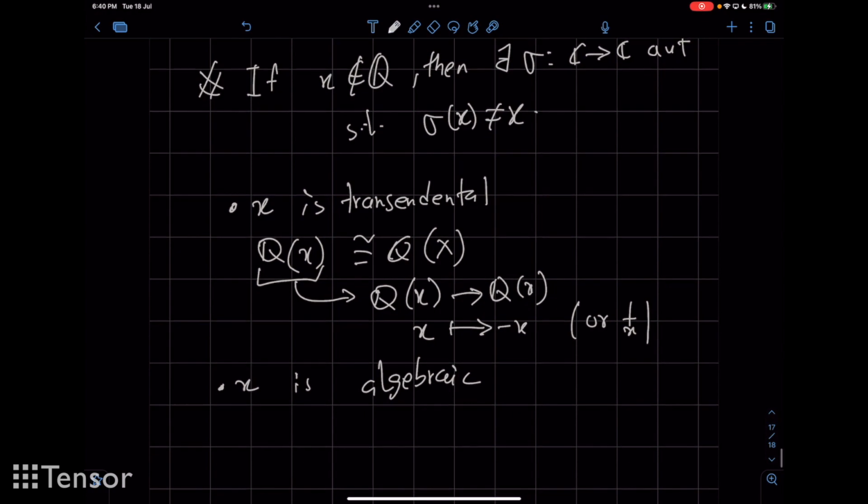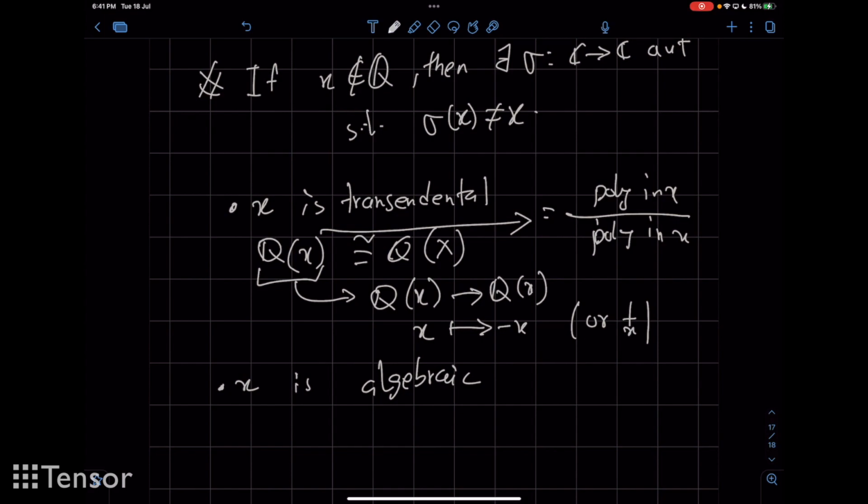All the elements of Q(x) look like a polynomial in x over another polynomial in x. So if we know the value of x under the automorphism, then we know the whole automorphism.